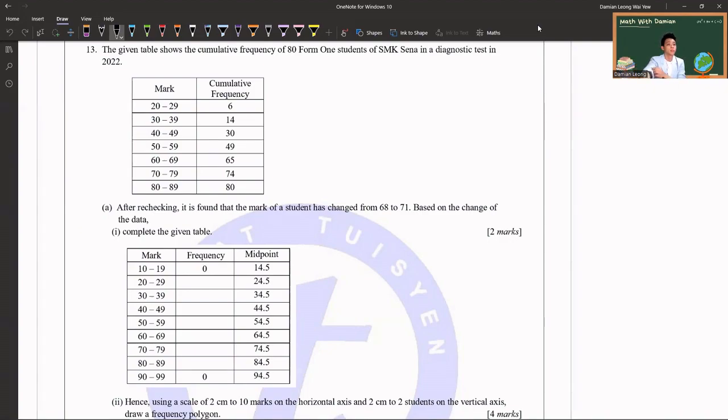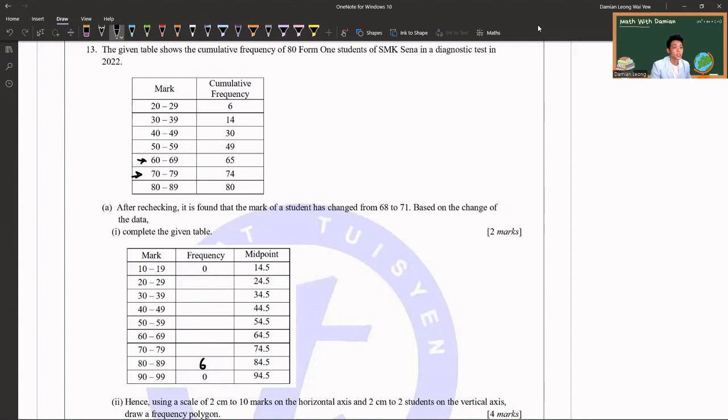So from 68 to 71, it means one of the frequency went from this group to this group. Here it would still stack up to be the same total. From 80 to 89 would be the difference here, which is 6.